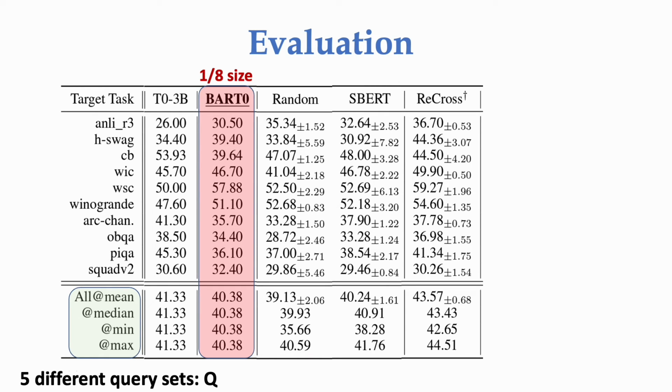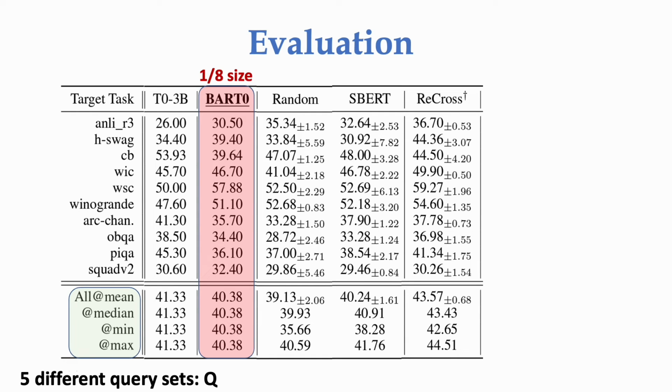And we can see here ReCross prime, which is our method but without the re-ranking, so there is no re-ranker here. If we reuse the BART0's encoder as an example encoder to build the index, we found that it's much more beneficial, and it improves the results on all four dimensions, the mean and median.